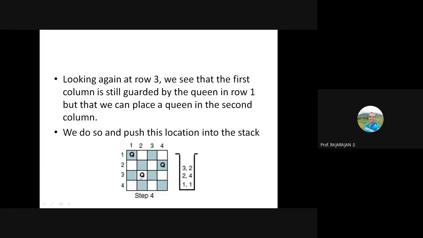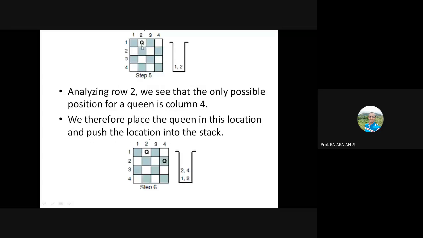So it is not possible to backtrack the third queen. Now we have to backtrack the second queen, but we have already done that. So we eventually go to the first queen and change her to the second column in the first row. That is what happened here.